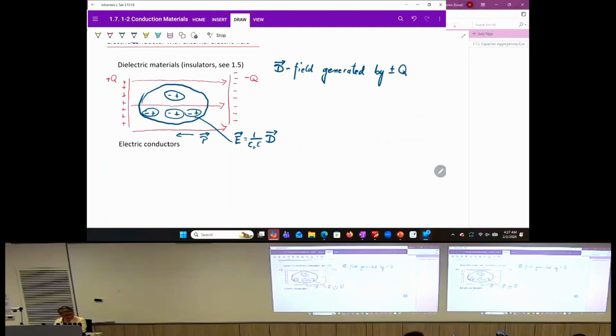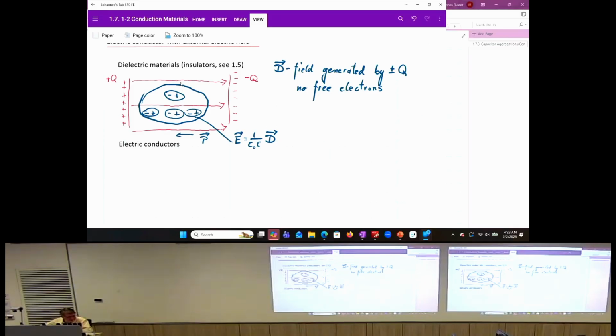There are no free electrons in this scenario. The atomic charges in your dielectric material, however, react to the external field. As you see in this graph, these negative charges move just a little bit. They're not really free, but they have a small degree of freedom, so they move a little bit to the left.